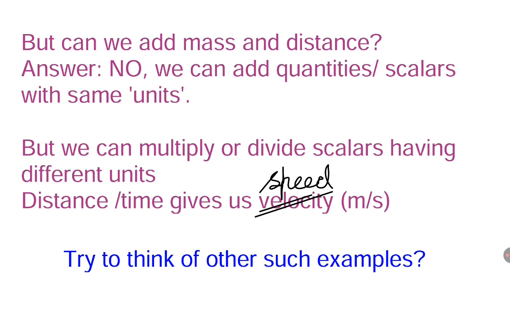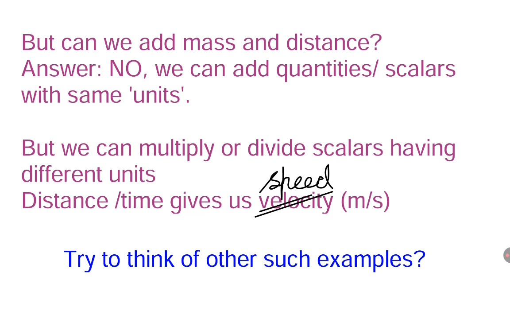For example, let us say you have run 2000 meters in 400 seconds, then we'll get a speed. If we divide 2000 meters by 400 seconds, we'll get a new quantity which is also a scalar, speed, and its units will be meter by second.